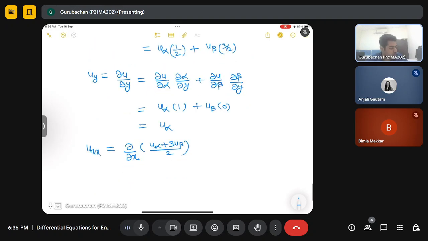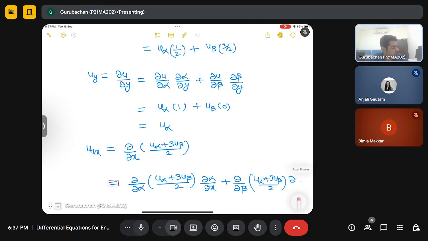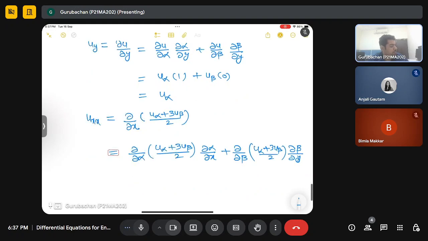We take del by del alpha of this quantity, u alpha plus 3 u beta divided by 2, times del alpha by del x, plus del by del beta of the same quantity times del beta by del x, since we are again differentiating with respect to x.